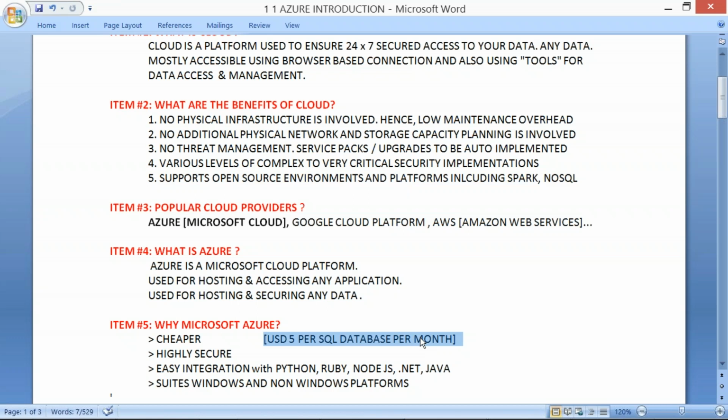If it is Azure cloud, we enjoy cheaper pricing, highly secure. There are different levels of security that we can implement. Easy integration with Python, Ruby, Node.js, Java, .NET, and even Spark. And it's mainly for application developers, the integration components, and suits Windows, Linux, or simply say non-Windows platforms.